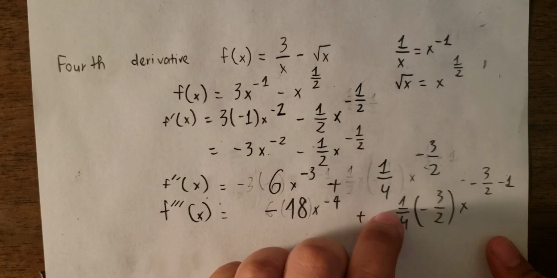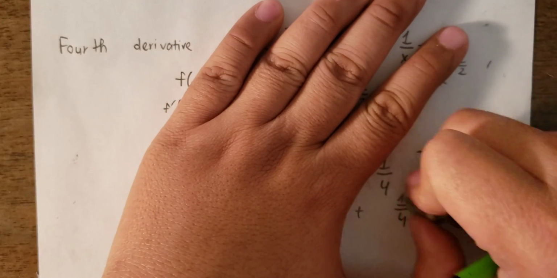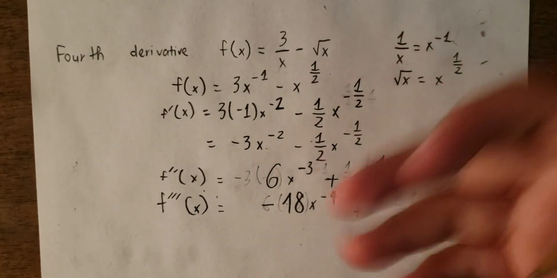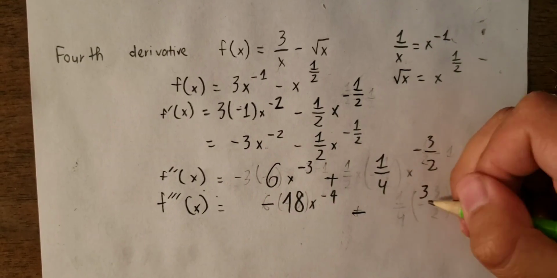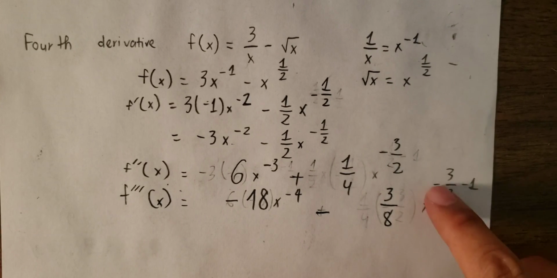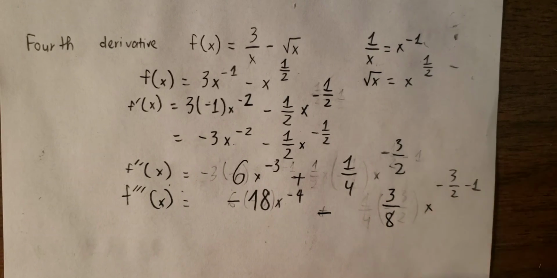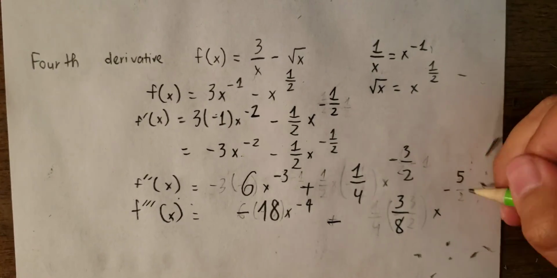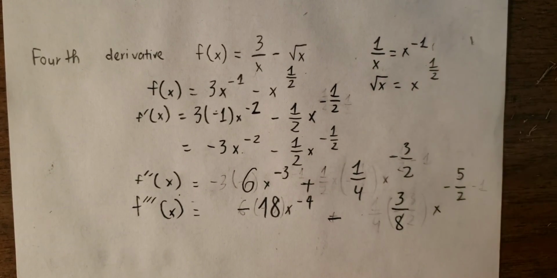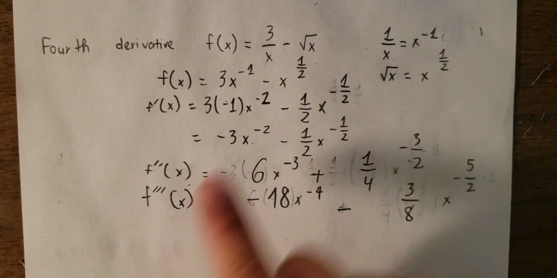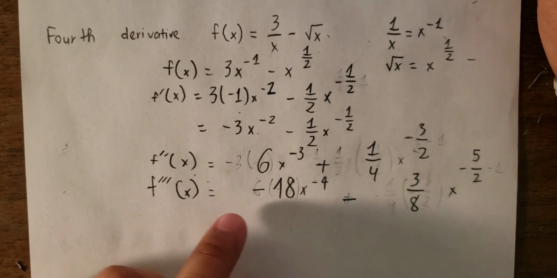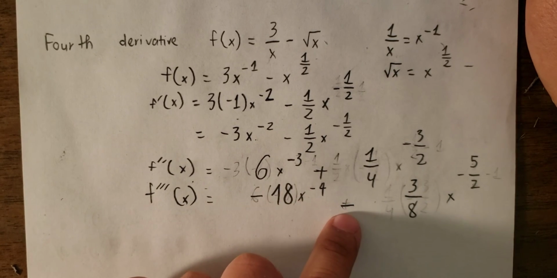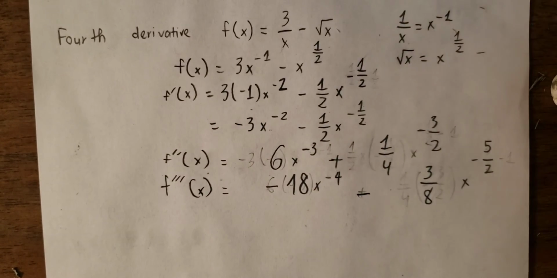Minus 3 over 2 multiplied by 1 over 4, you got minus 3 over 8. Minus 3 over 2 minus 1, you got minus 5 over 2. So that's the third derivative: minus 18 s power minus 4, and we have the minus 3 over 8 s power minus 5 over 2. So this is the answer for you.